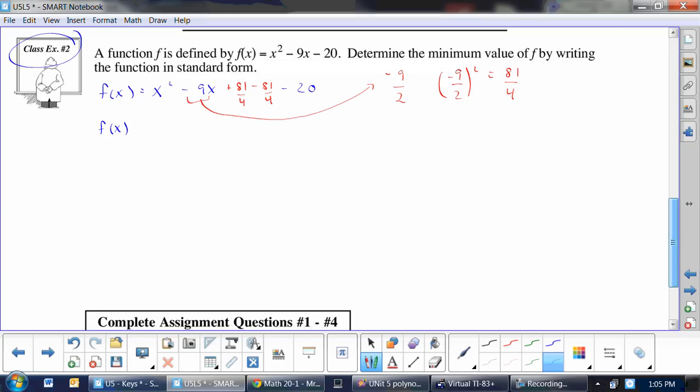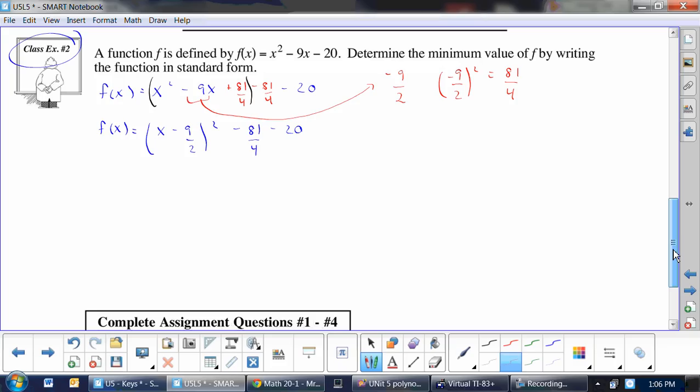So now we want to bracket that. So we get that x minus 9 over 2 squared minus 81 over 4 minus 20.